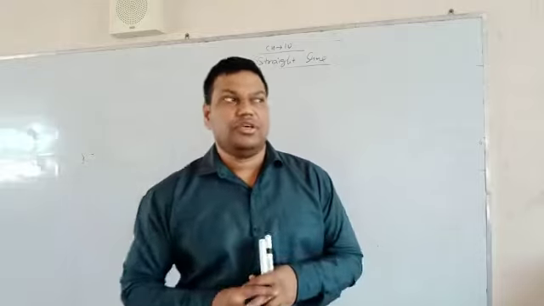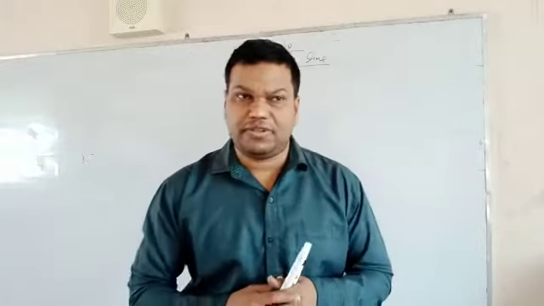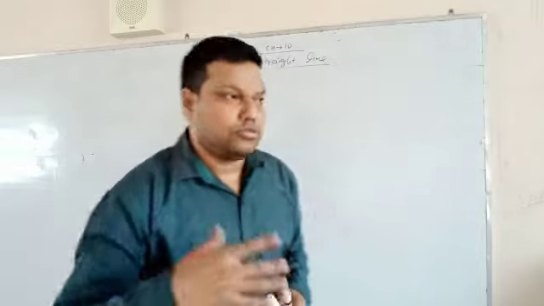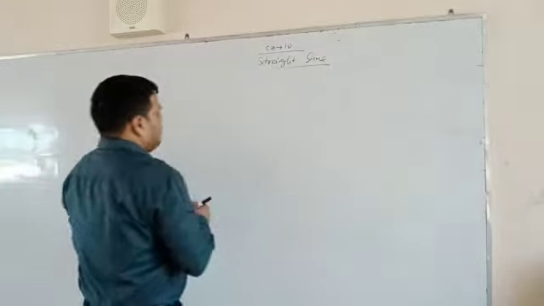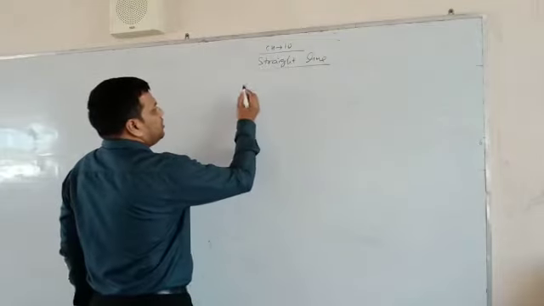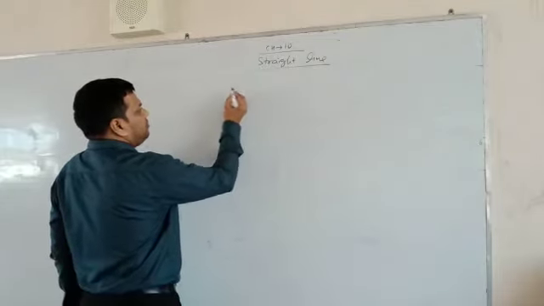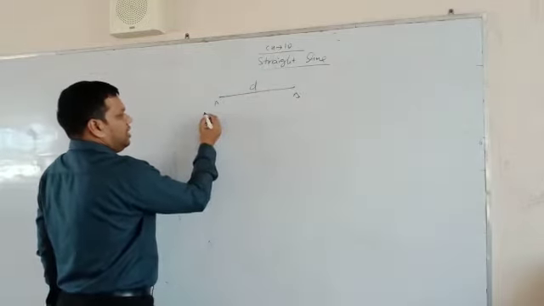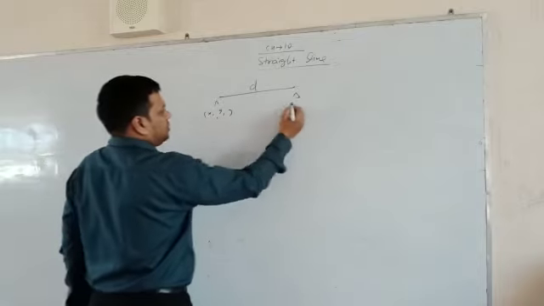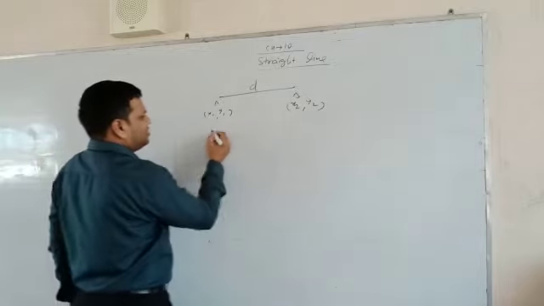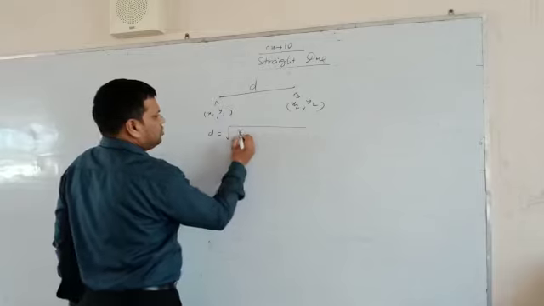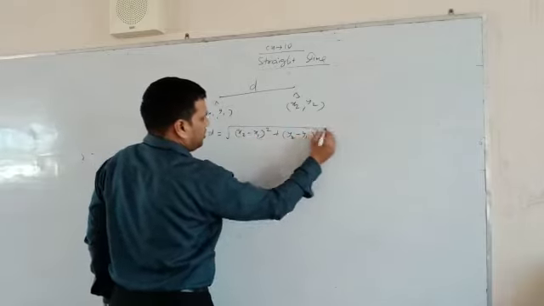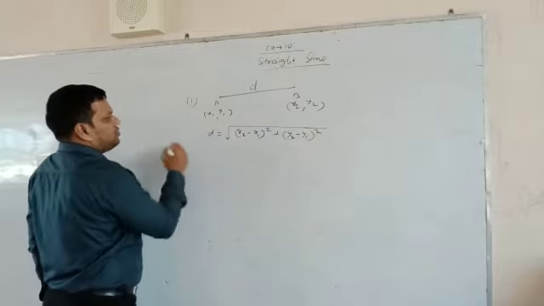Different scenarios have been given to find the straight line equations, right? So let's start. First of all, if we have 2 points x1 y1 and x2 y2, you know the distance formula: the distance is equal to the square root of x2 minus x1 whole square plus y2 minus y1 whole square, right?